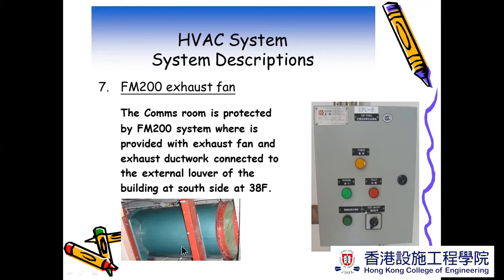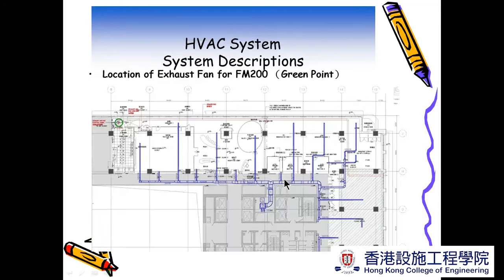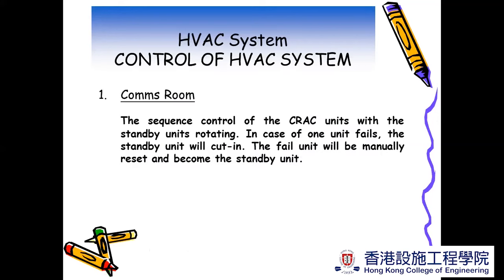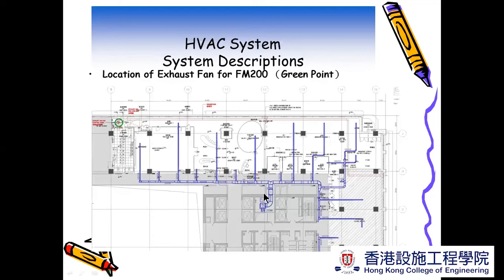So for example, this is the ductwork and this is the control panel. For the office area, we have a supply PAU here. This is the exhaust fan of the FM200 gas, which is here. The exhaust fan is over there.